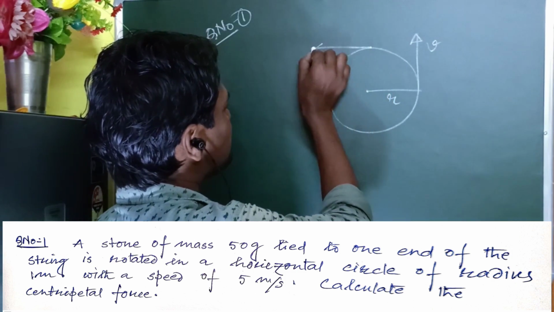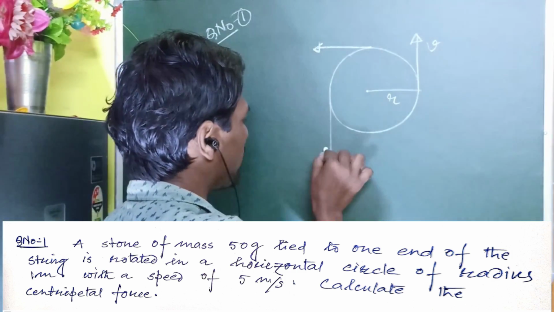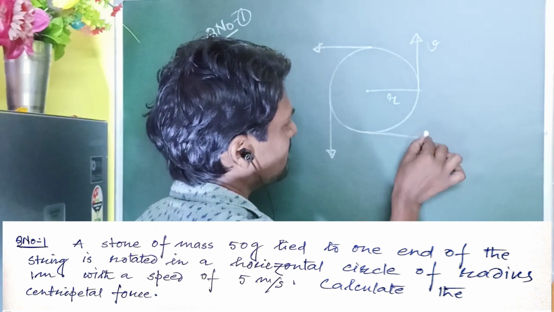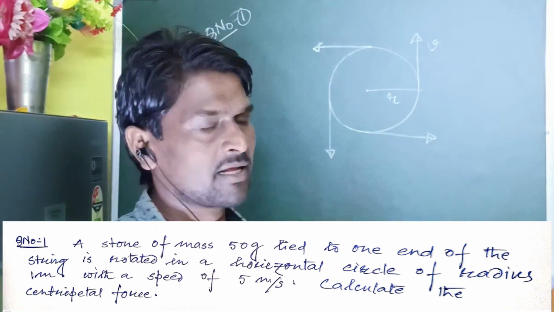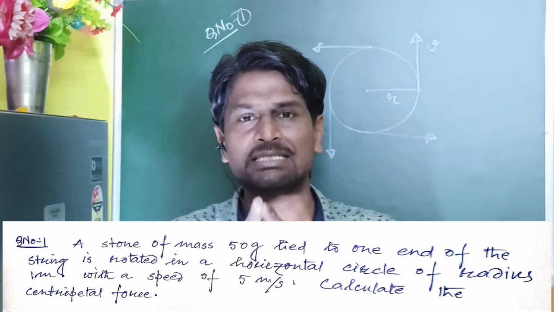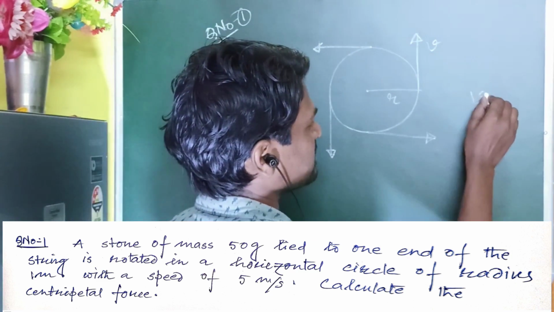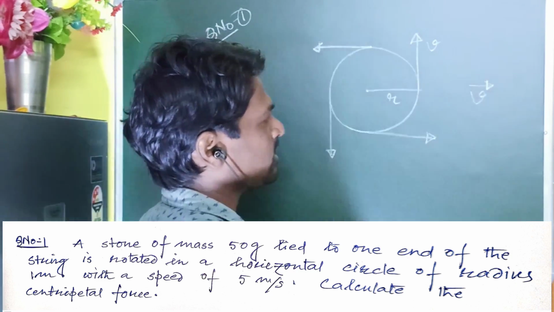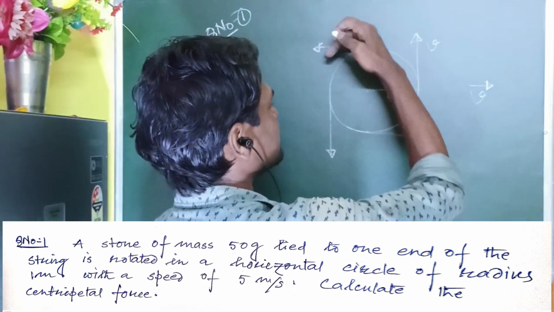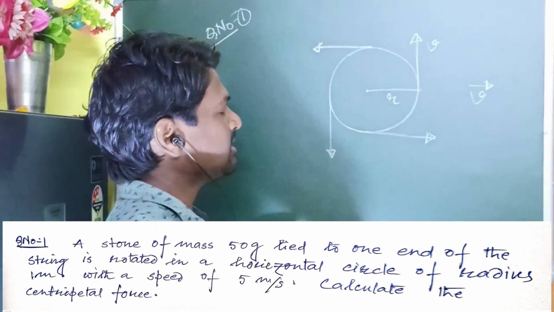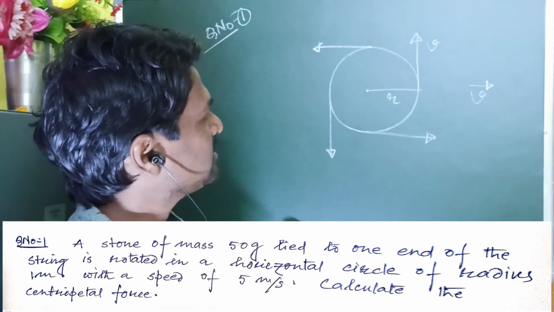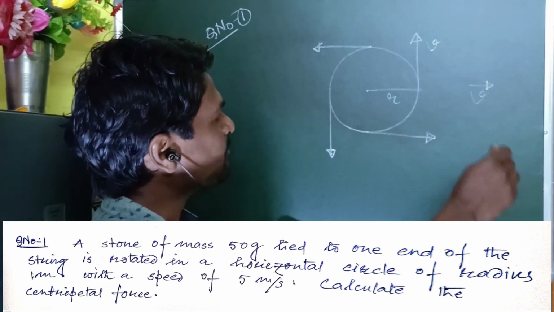The velocity changes at every point on the circle, since its direction is changing and velocity is a vector quantity.